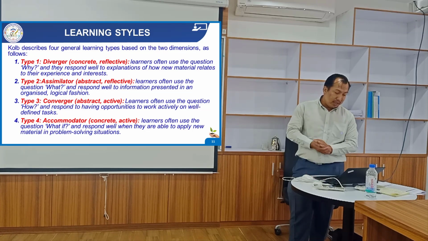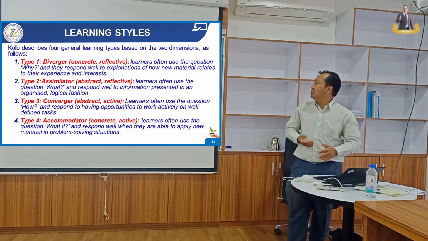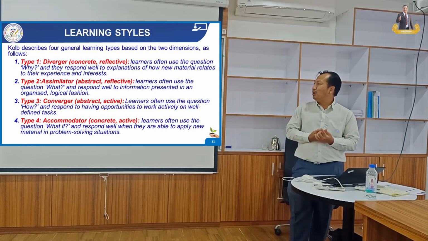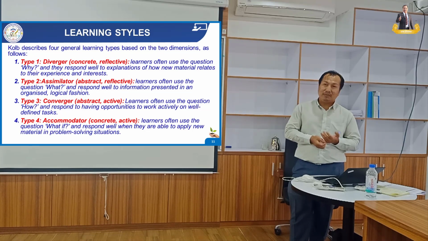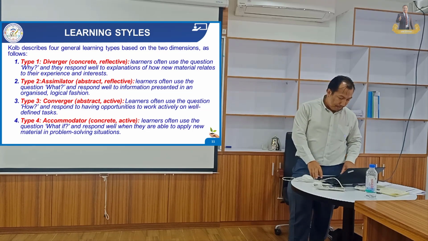Okay, type number 2, the assimilator, abstract and reflective. This learner often uses the question what, and responds well to information presented in an organized and logical fashion. So a lot of things that they can describe.